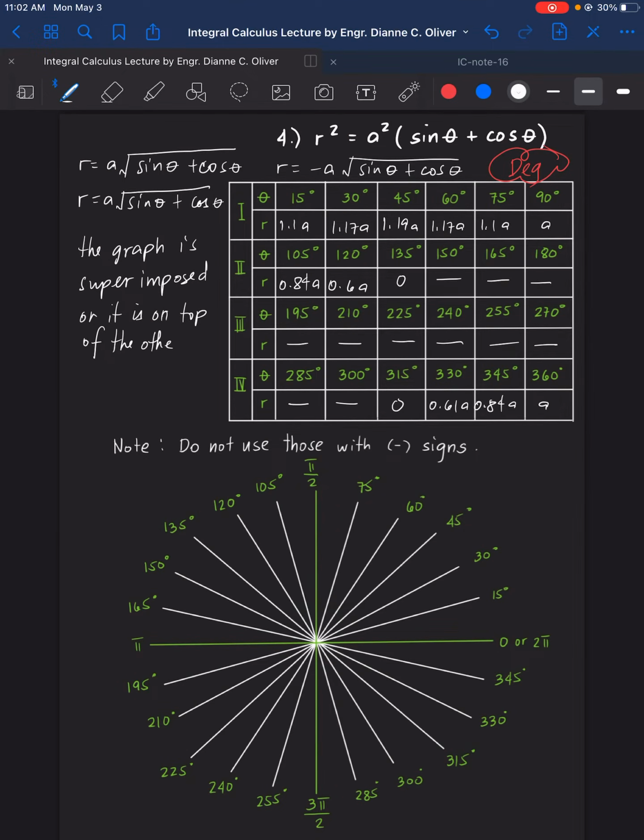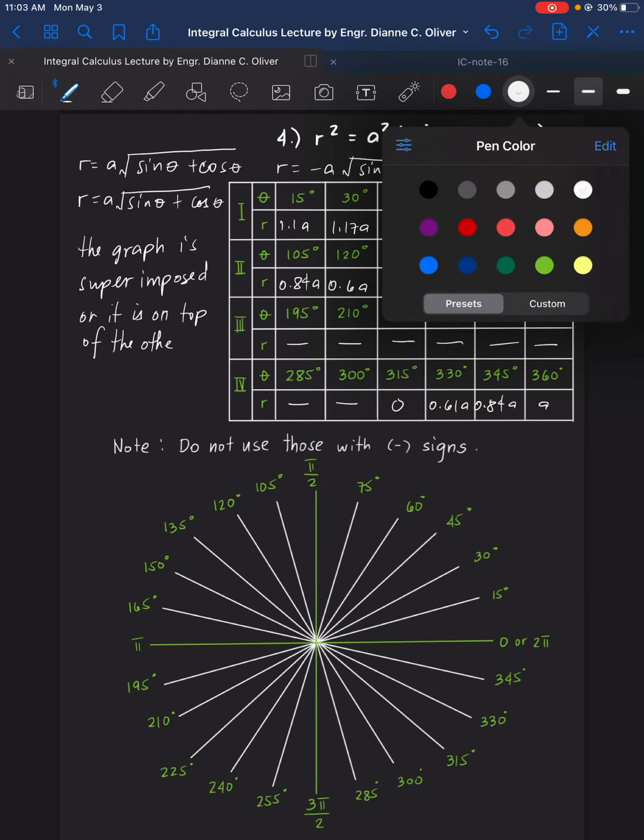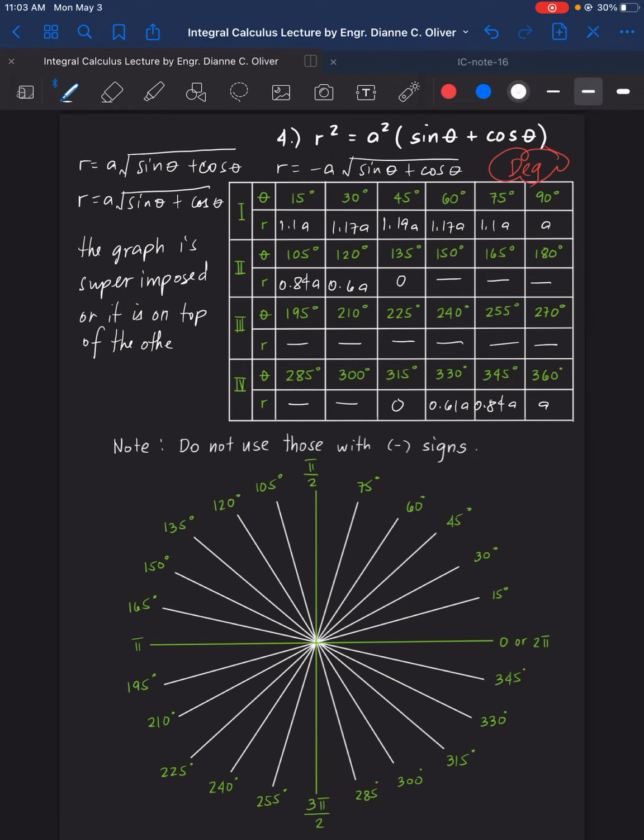Okay, let's plot this here. So the longest here is 1.19 at 45 degrees. At 30 degrees it is 1.17, 15 is 1.1.